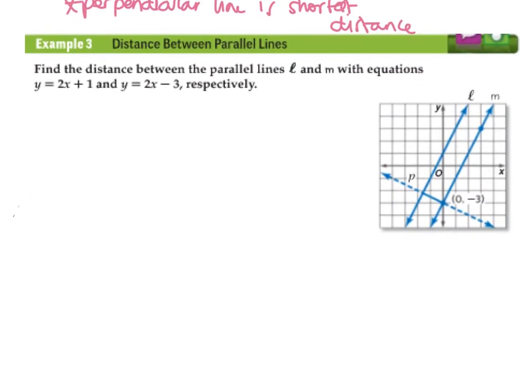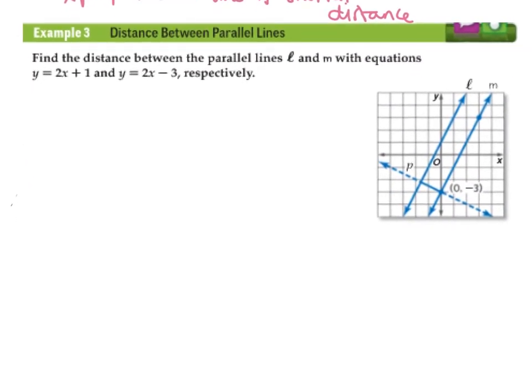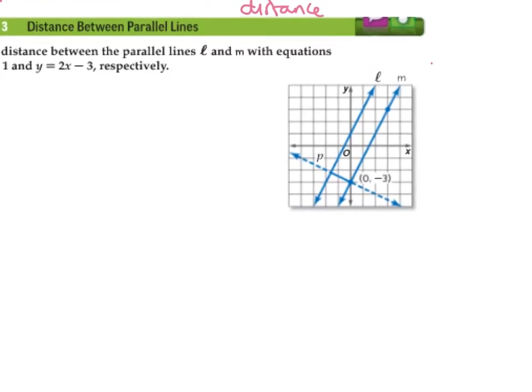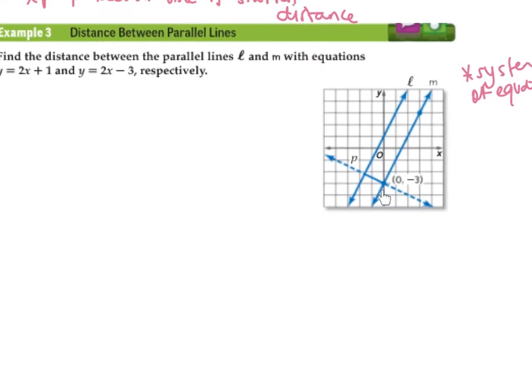So, as far as the distance between parallel lines, we're asked to find the distance between the parallel lines L and M. Okay, so we need to find this perpendicular distance, and we're given the equations for line L and M. Since we have a perpendicular line going through, remember these are intersection points, therefore we're going to eventually need to do a system of equations to find those two intersection points, all right?